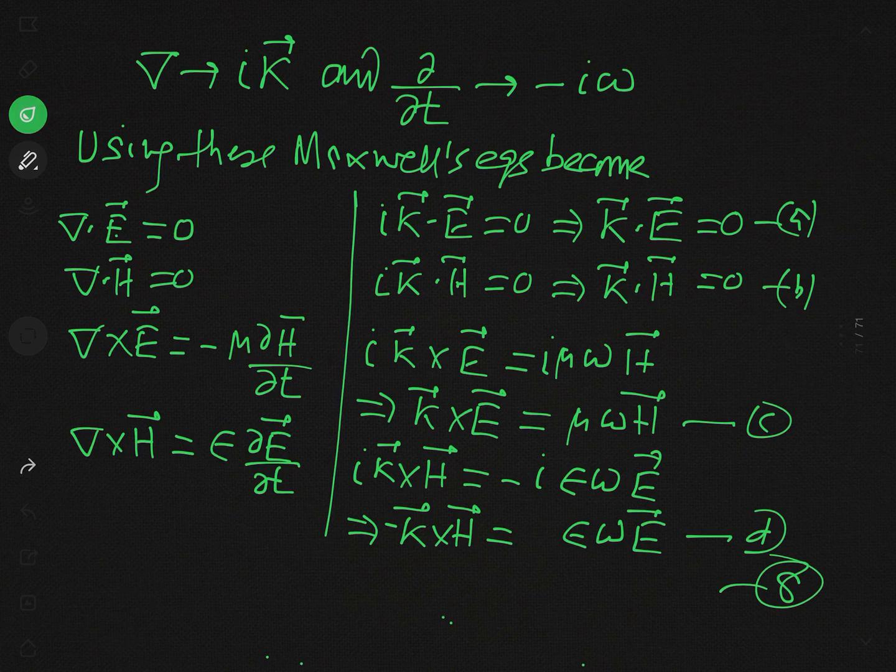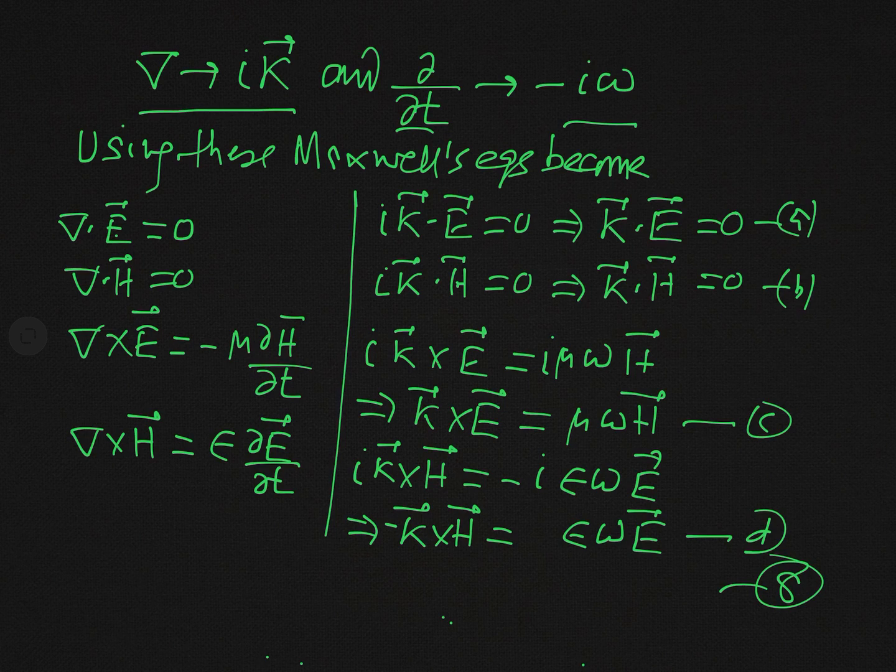So we have transformed the Maxwell's field equations in an isotropic dielectric medium by the use of these two operators, del equal to ik and del T equal to minus i omega, in a convenient form, as we have done in case of wave propagation of electromagnetic wave in free space.